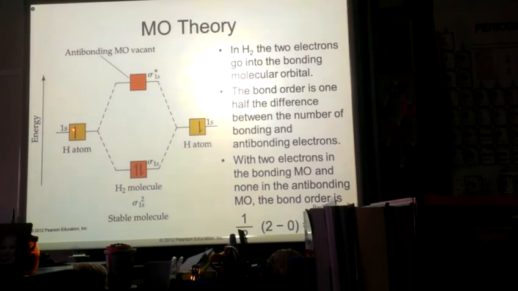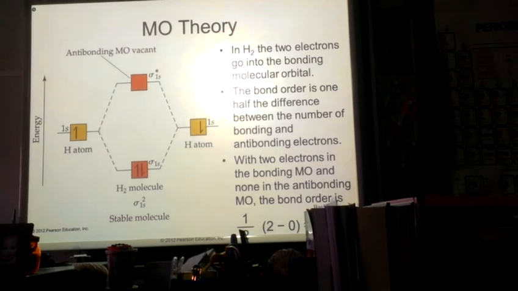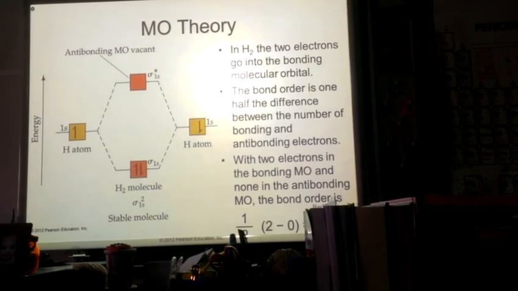So this electron is going to fill in this one, and this electron is going to fill in this one, because an orbital can only hold two electrons, and I'm done. So this is my molecular orbital diagram, or my MO, for the hydrogen molecule. And I can see that it's stable because both of the electrons are in the bonding orbital, okay? So in H2, two electrons go in the bonding molecular orbital.